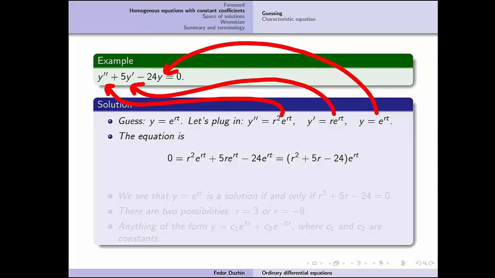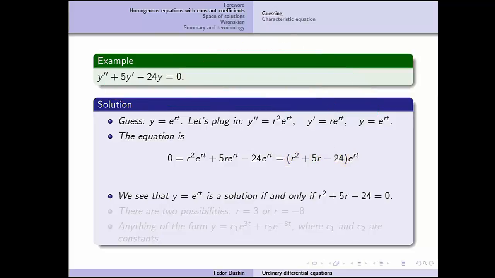And then notice that the equation is this. So this must be equal to 0, since e to the rt can never be equal to 0.